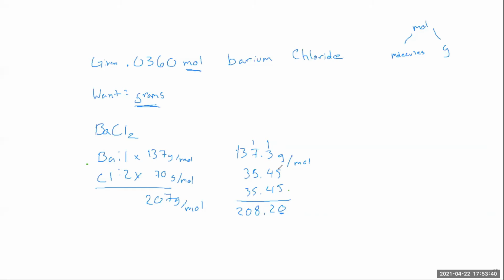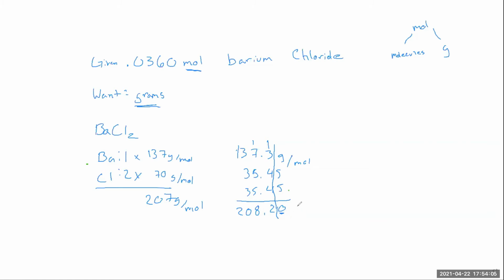Chlorine goes to the hundredths, while barium only goes to the tenths. So when we round for sig figs for adding and subtracting, we round to the least precise, which is going to be 208.2 grams per mole.